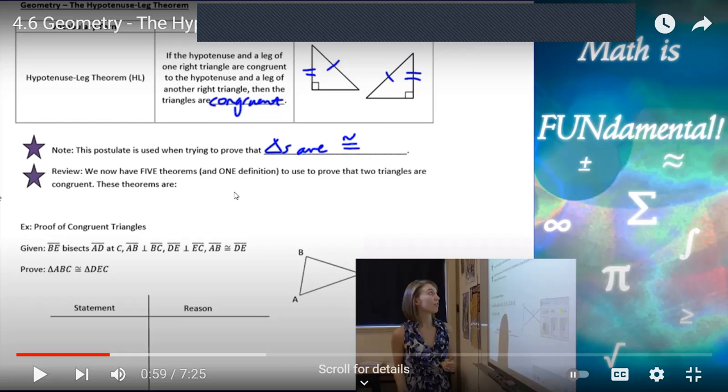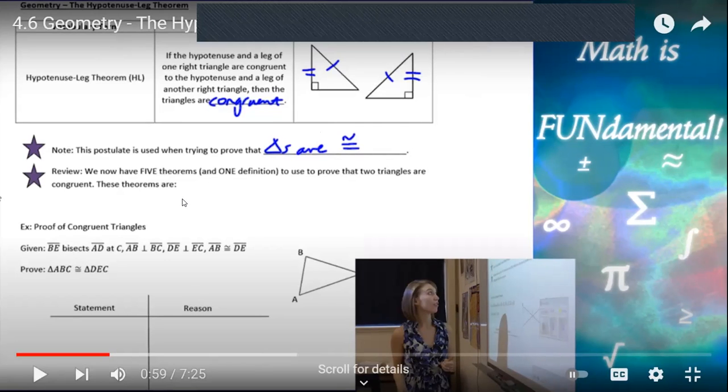So now how many theorems do you have? 5, right? Side, angle, side, and then angle, side, angle, and then what else? And then this one.